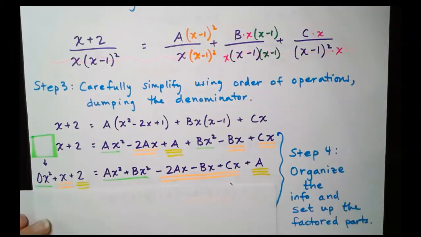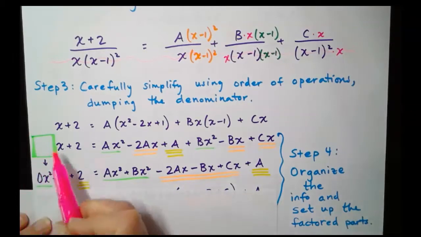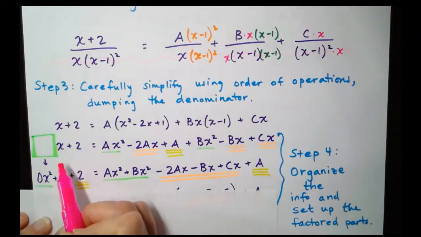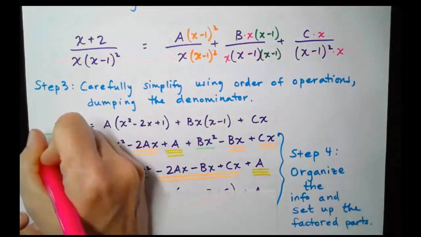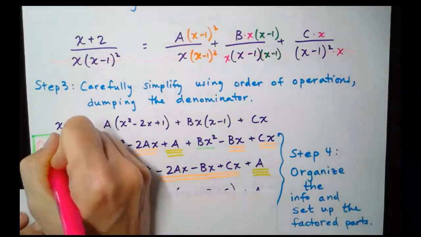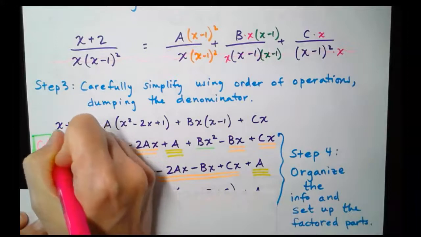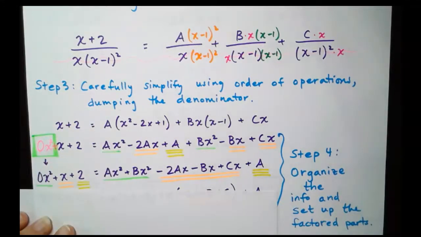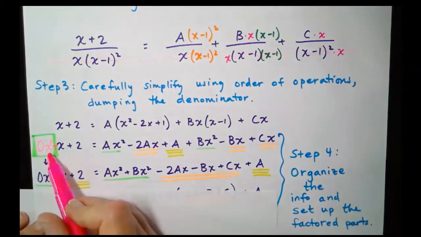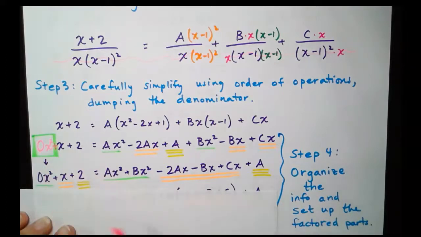So first thing to remind you of, notice over here on the left, we do not have a quadratic term. If you don't have one, then all you need to do is put in a ghost term to hold its position. So if you don't have a quadratic term, just let it be 0.